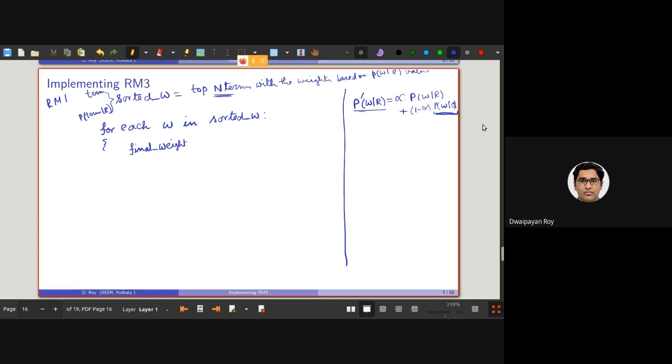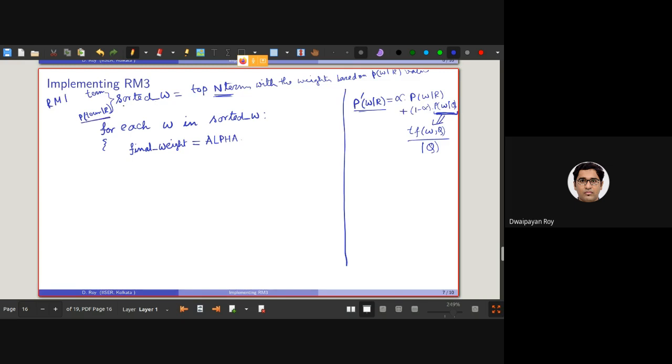This is the term frequency of the word in the query divided by query length, basically MLE. So final weight will be equal to some parameter alpha into P(W|R).